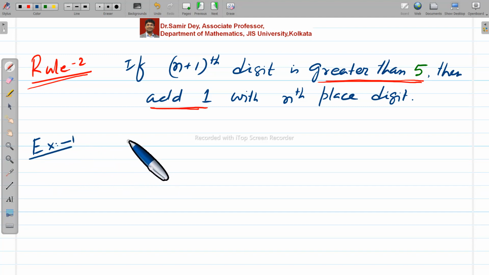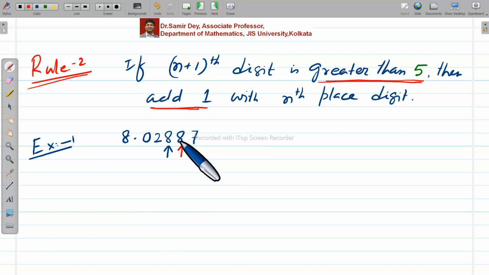Example 1. Suppose you have 8.02887. Suppose you want to round off up to this level. Then what is your next target? Your next target is to identify the next digit.